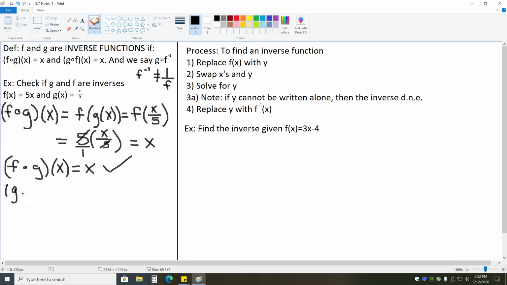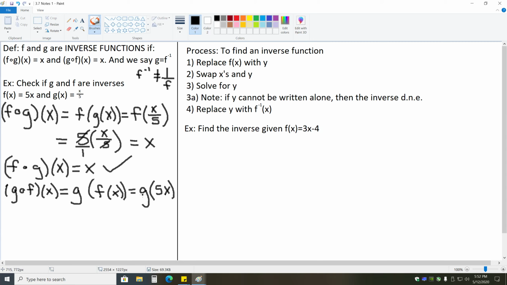Now we have to prove that g∘f is equal to x. So g∘f, g of f of x, is taking the function g and plugging f into it. And we know f of x is equal to 5x, so we're plugging 5x in to the function g.